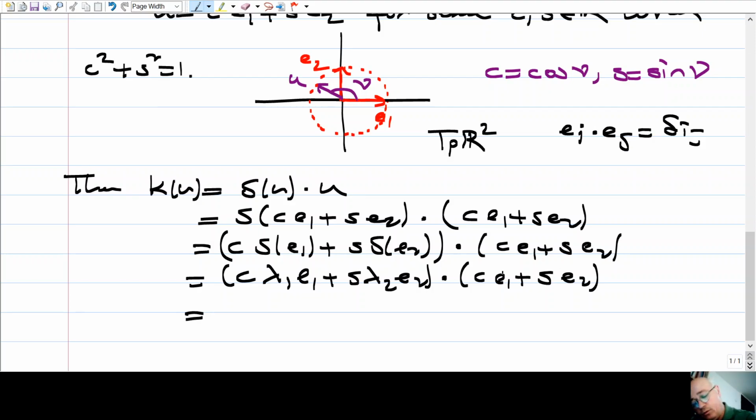Therefore if you perform this multiplication, you get lambda 1 times C squared E1 dot E1, which is 1, and lambda 2 times S squared E2 dot E2, which is 1, and the cross terms E1 dot E2, which is 0, and E2 dot E1, which is also 0. So this is what we get.